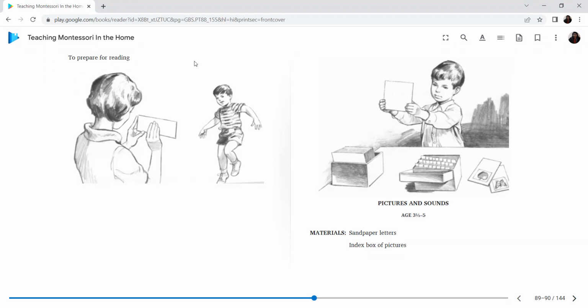So you can see these cards here. These are called word cards. These word cards are rectangular in shape, and you can write 2-letter, 3-letter or 4-letter words. You write these words with sandpaper, cutting each letter in small letter.